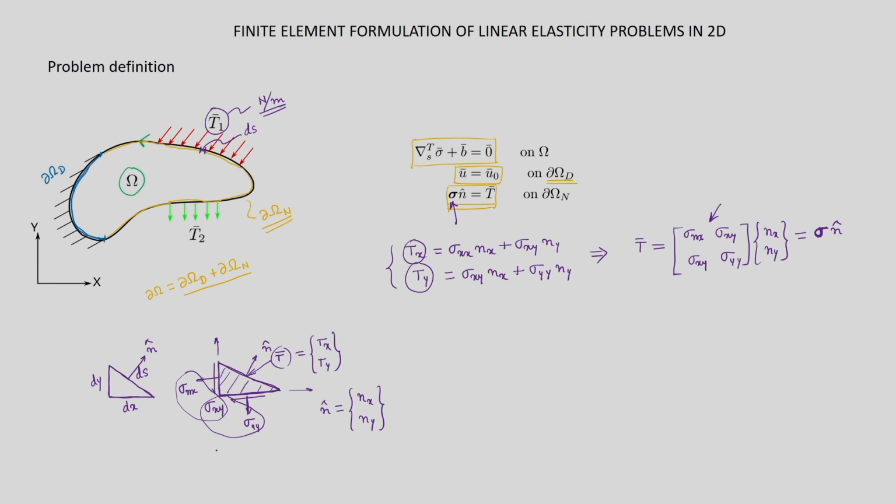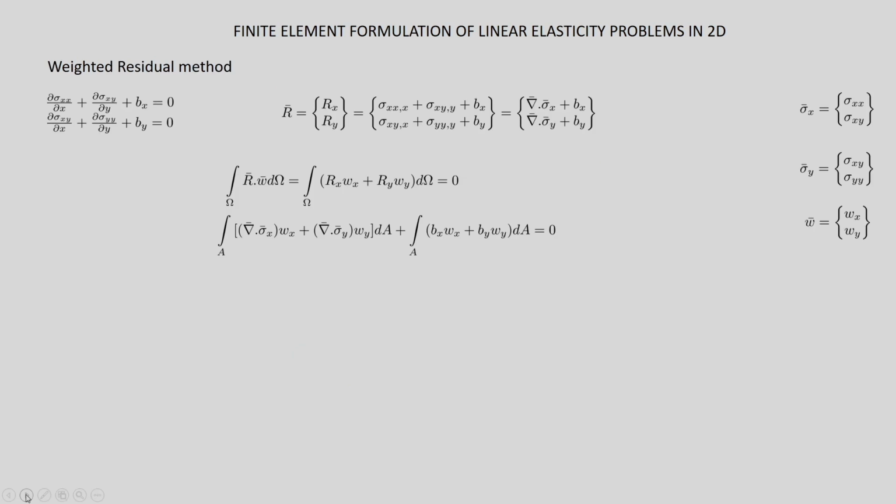Now let us go ahead and see how this partial differential equation, along with these two sets of boundary conditions, can be satisfied using this method. What we did in the earlier problem, the steady state heat conduction problem, was to first find the residue from the governing partial differential equation.